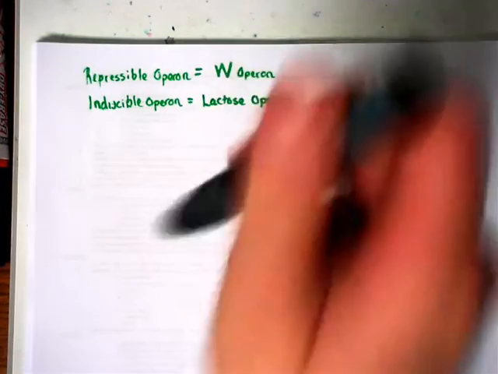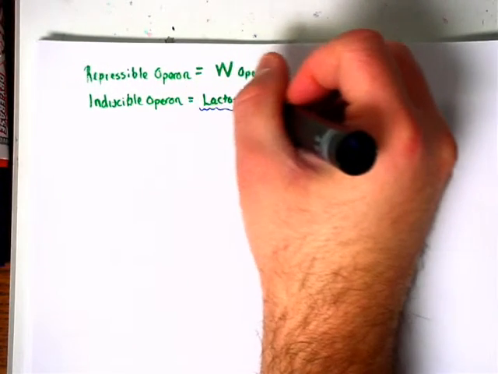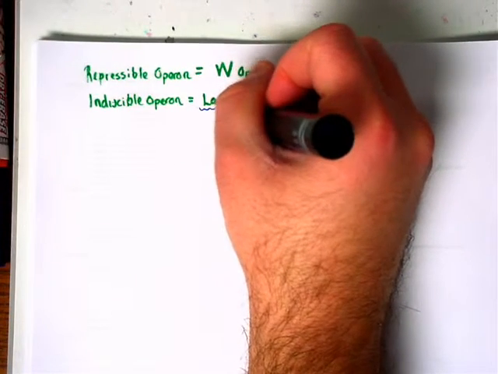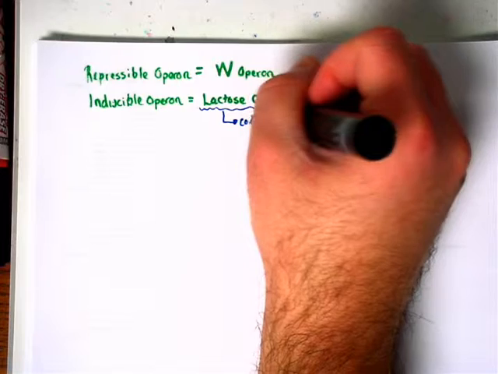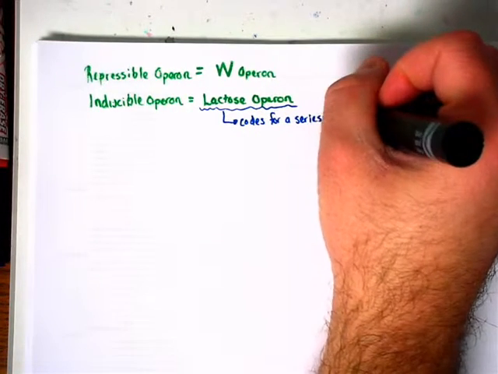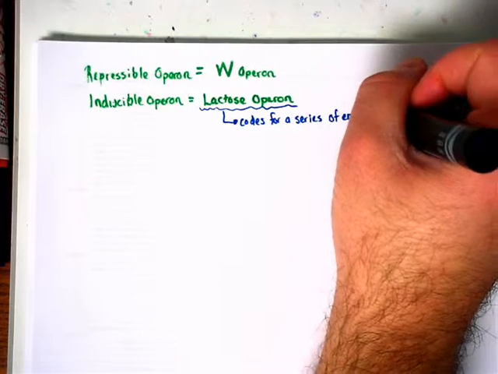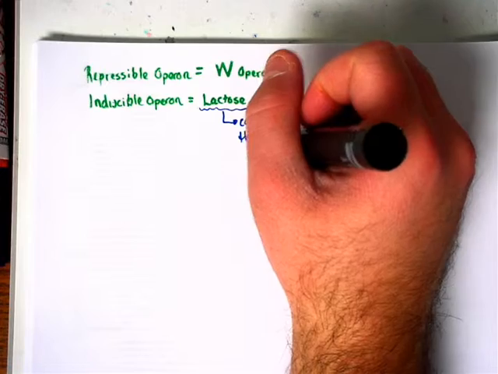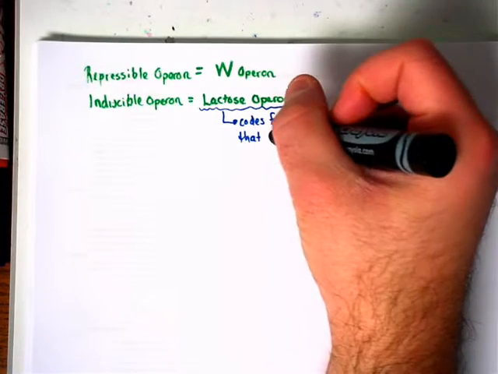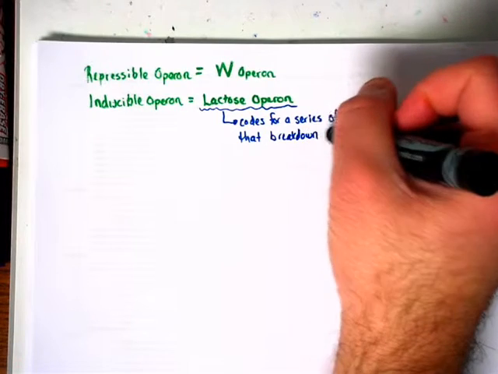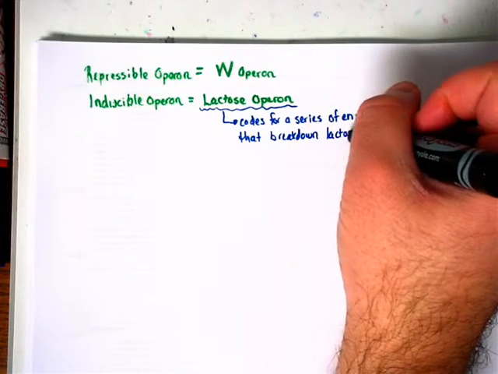And what the lactose operon is going to be coding for is a series of enzymes. And these series of enzymes will break down lactose.